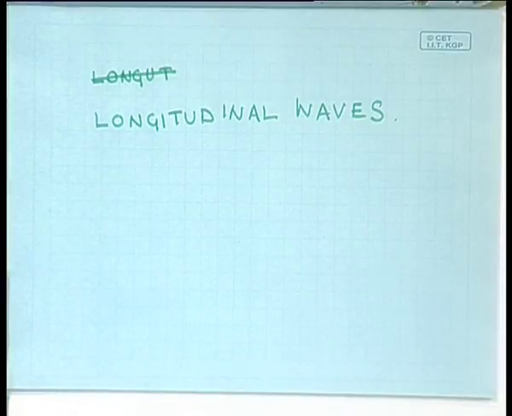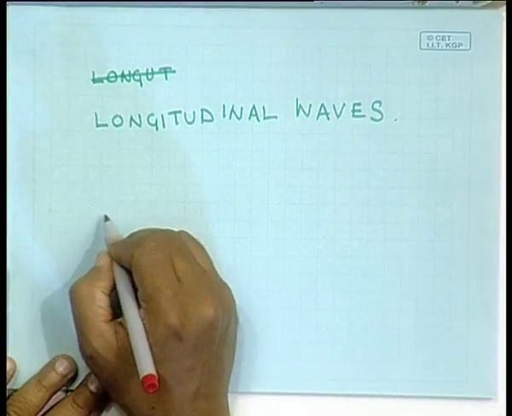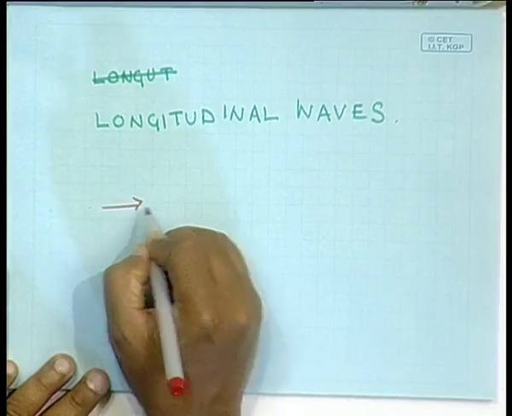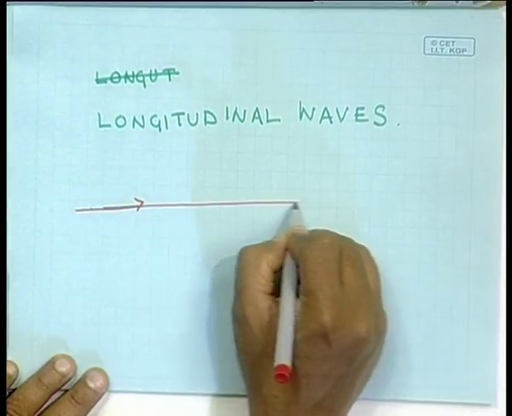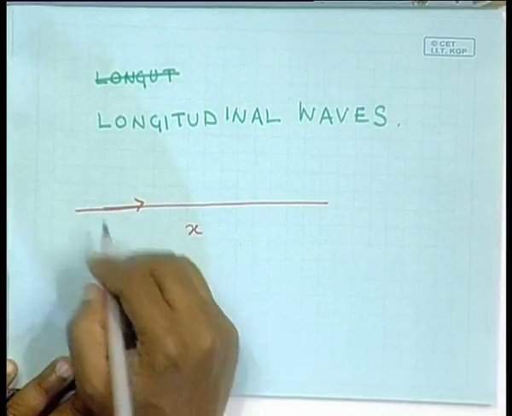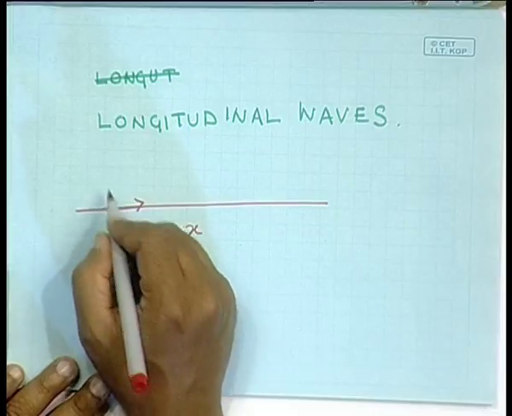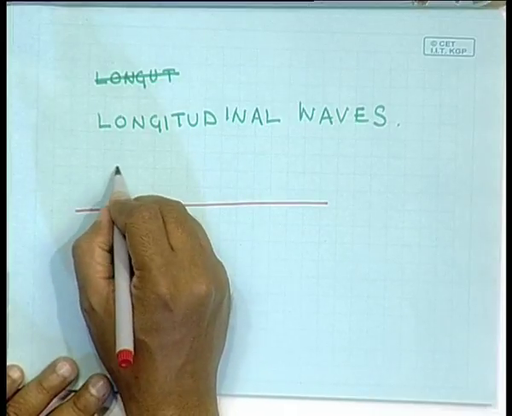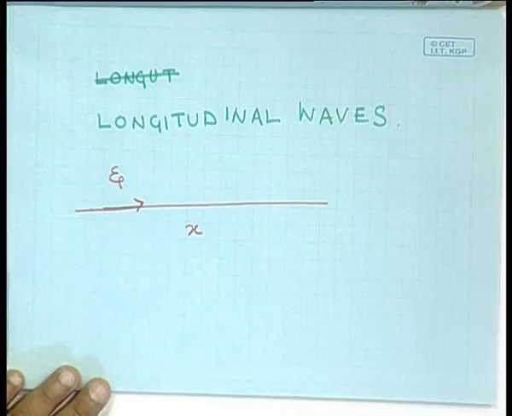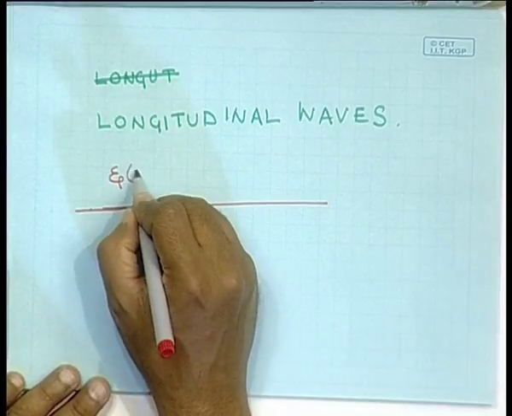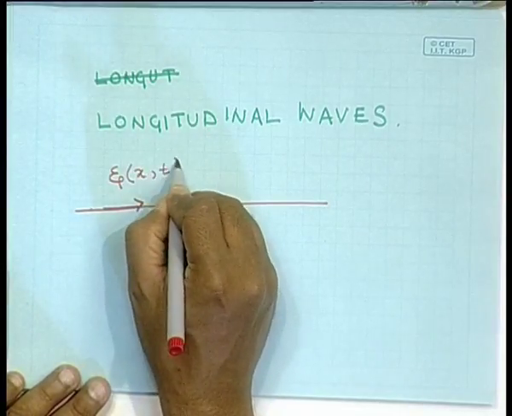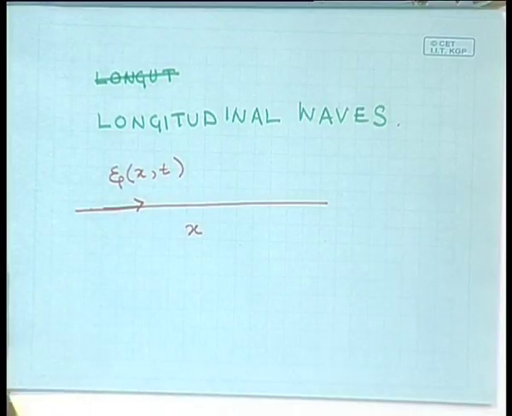What do we mean by longitudinal waves? A wave is said to be longitudinal if the disturbance, in this case along the x axis, the displacement xi of any point in the elastic medium is along the x axis, and xi itself varies along the x axis. So such a wave is said to be a longitudinal wave.